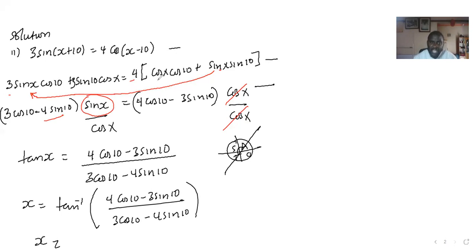Yes. Then I also collected together the cos of x. I brought this one, which has cos of x on this side, by saying 3 sine 10 cos x. When it crosses over, it becomes a negative. So it becomes negative 3 sine of 10 cos of x, but factorize out cos of x. So it becomes 4 cos of 10 minus 3 sine of 10 cos of x.